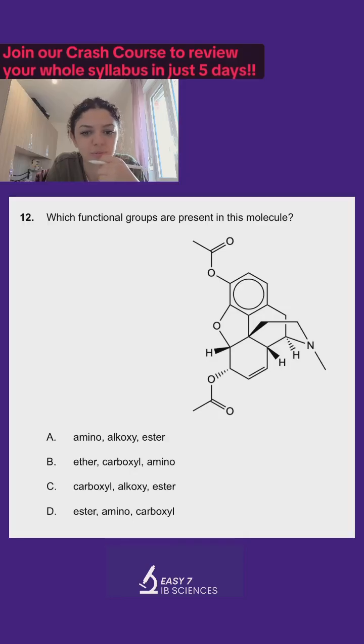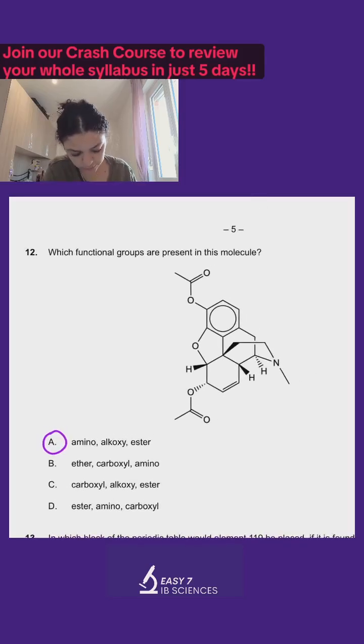Usually we're familiar with the term amine, not amino. So if you do bio, it's helpful because you know an amino acid. A lot of you are saying D. If you said D, try again. If you're saying A, good job, George. You said A, which is exactly right. So we're going to have a look at why it's A.